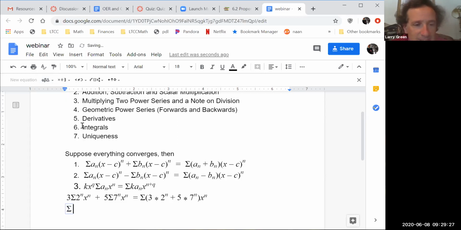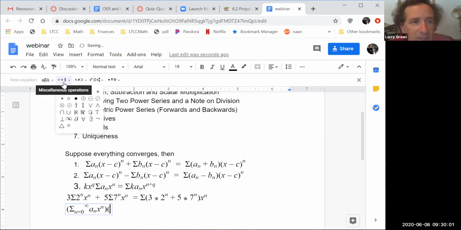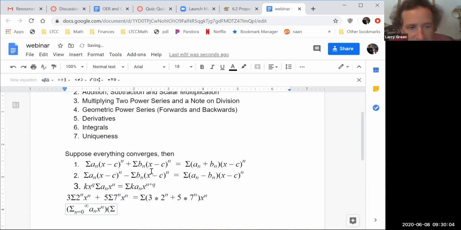So we have a summation, I need some parentheses, n equals 0 to infinity of a_n x to the n, and then times the summation, n equals 0 to infinity, of b_n.